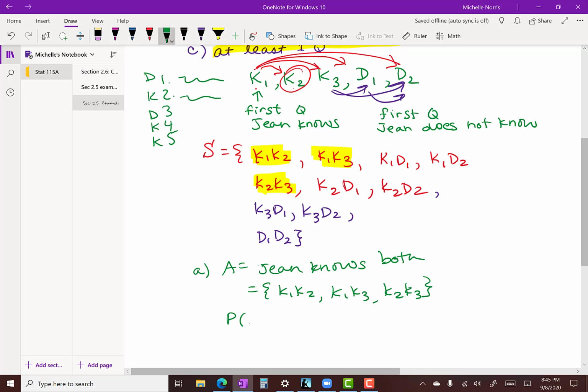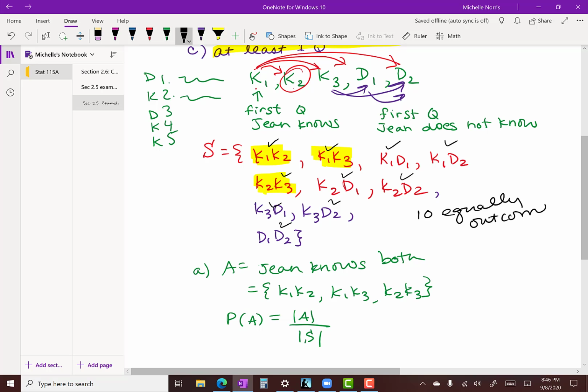And the probability of this event, A, is the number of outcomes in A divided by the number in the sample space. If you look back up to the sample space, I'll just go through and count these: 1, 2, 3, 4, 5, 6, 7, 8, 9, 10. There are 10 equally likely outcomes in S. So we get, for this probability, 3 outcomes where she knows both out of 10, or 0.30.